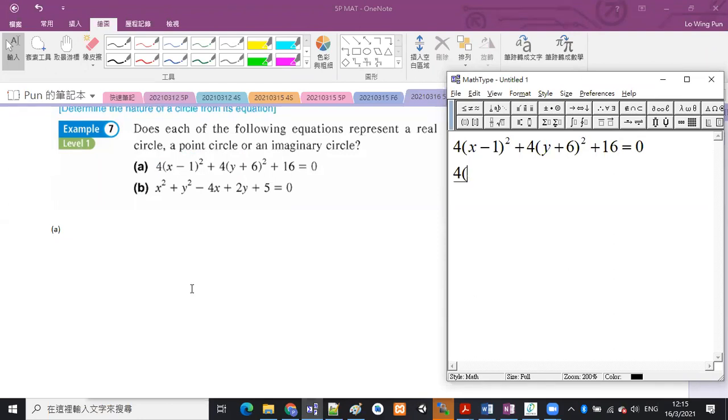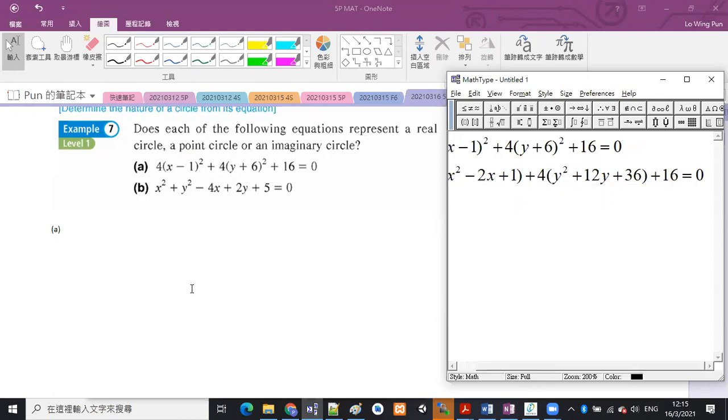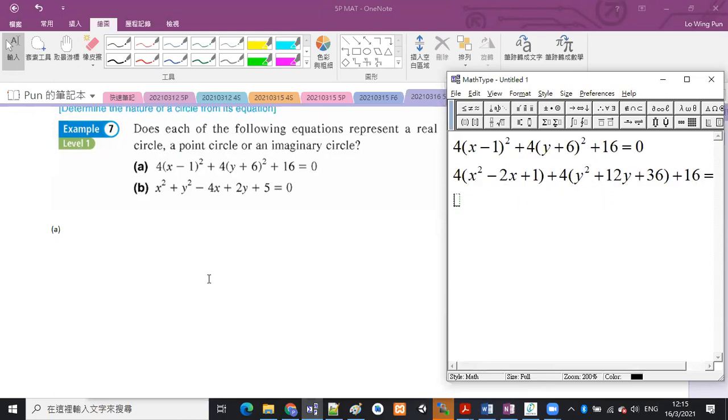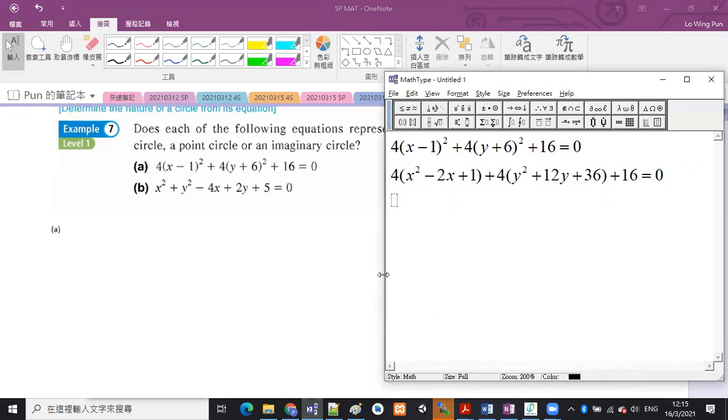Okay, the 4 is kept first, no change, and then x minus 1 bracket square becomes x squared minus 2x plus 1, right? And then 4 bracket y plus 6 bracket square. We are going to use the identity to expand the bracket. So y squared plus 12y plus 36, and then plus 16 equals 0. Okay, and then we multiply the 4's into the brackets.